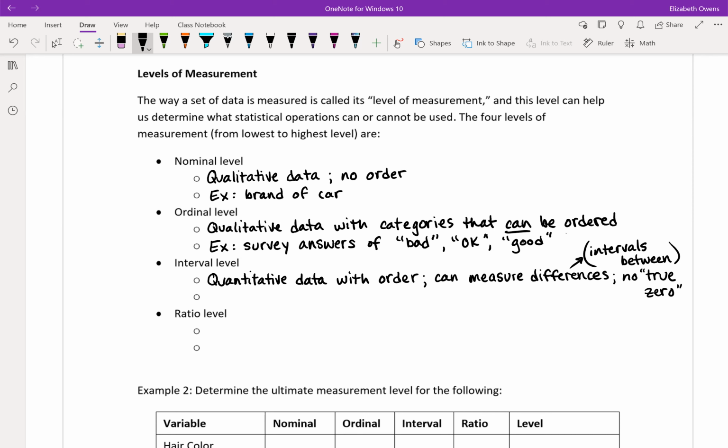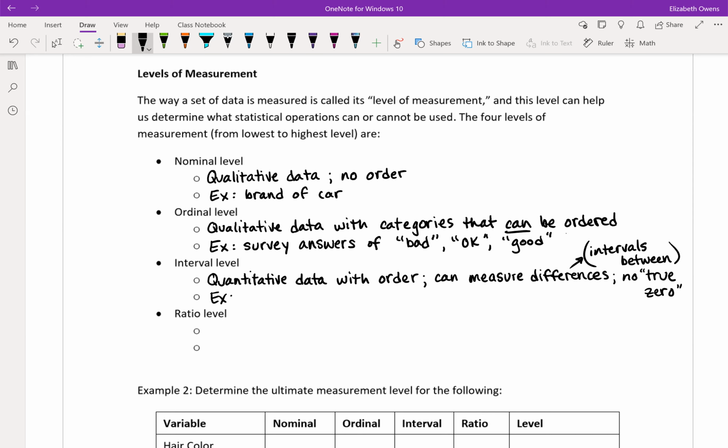Again, we'll talk about this a little more in just a bit. But on the scale of Fahrenheit, freezing is 32 degrees, boiling is 212. So there's not really a 0 point necessarily that everyone can agree upon. All right. So that could be one example.